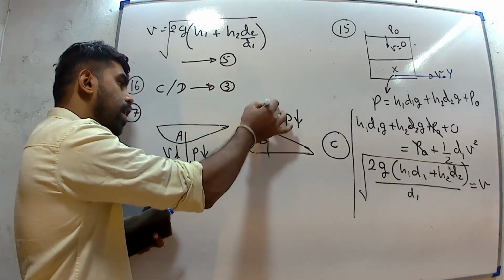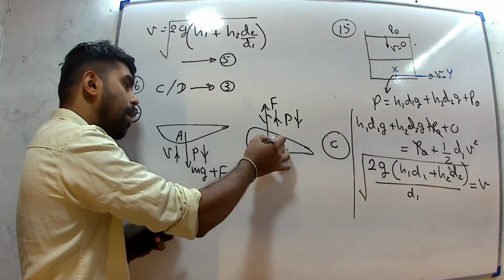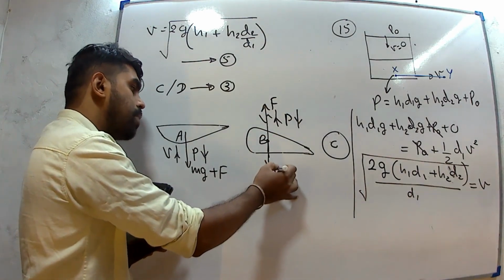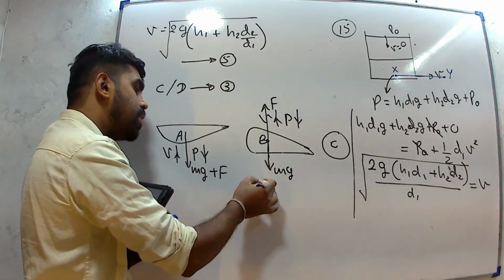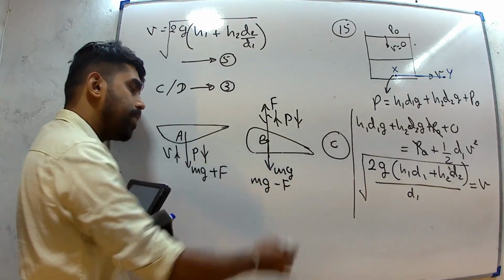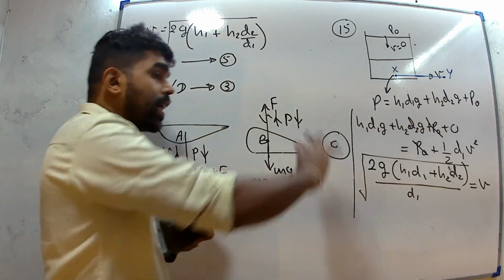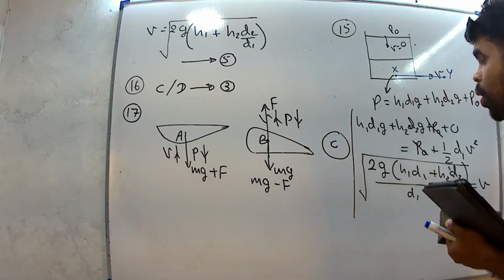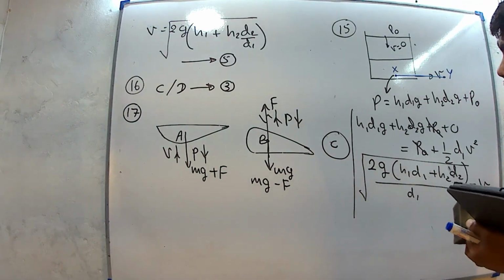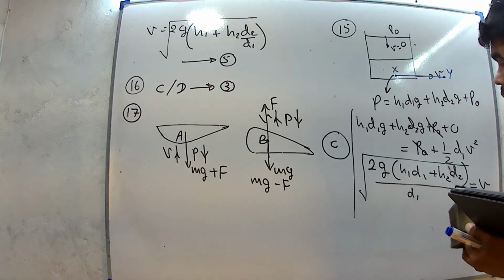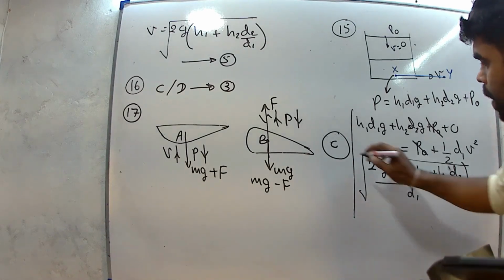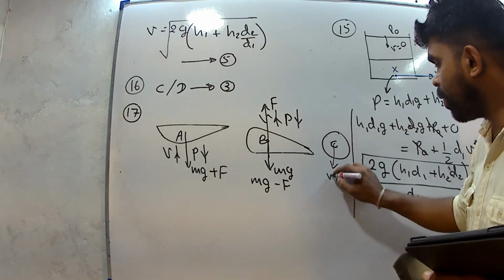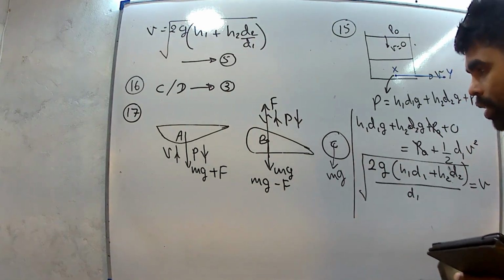Then F force is acting in the upward direction and mg in the downward direction. Then mg minus F. For the spherical surface, there is no force due to flow. It means there is only one force, the weight on the rod.